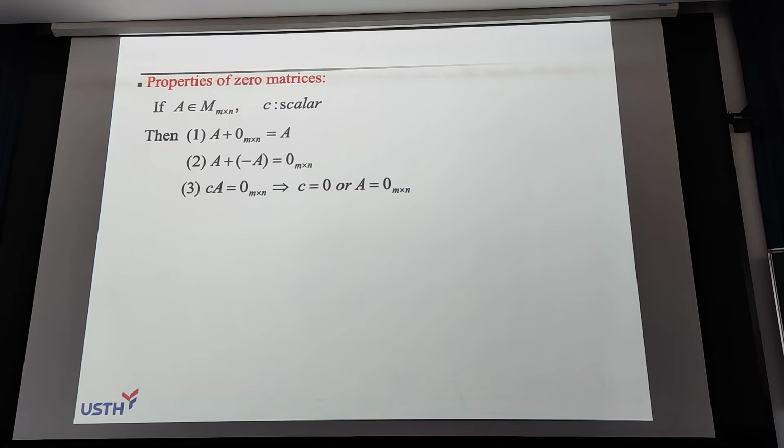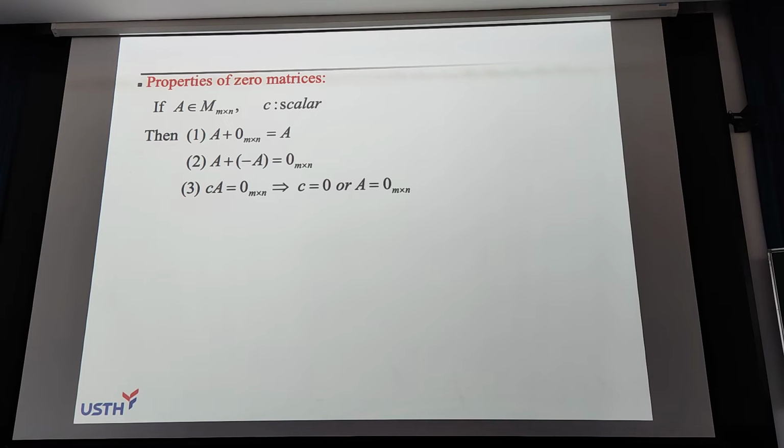Then you can have only one of two following possibilities. The first one, C must be the number 0. And the second one, A is the 0 matrix. You can have no other possibility, only one of the possibilities.